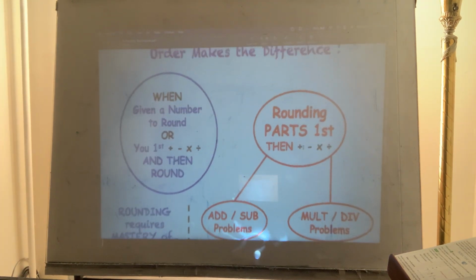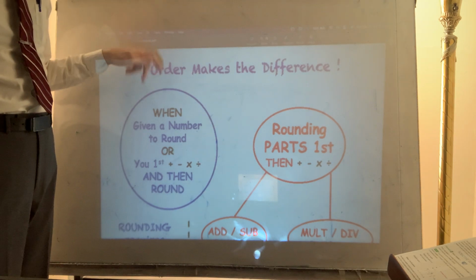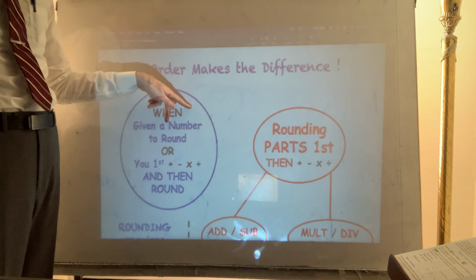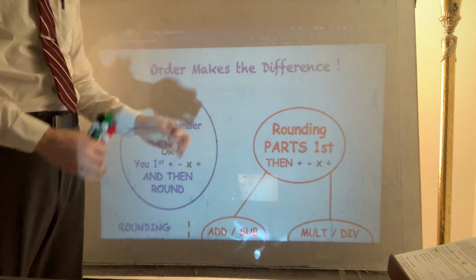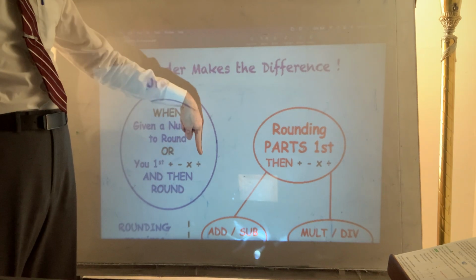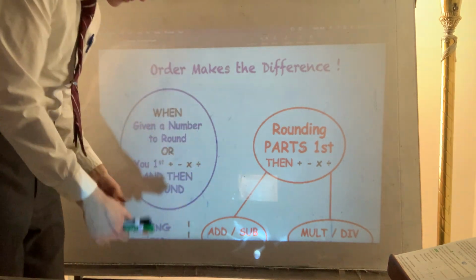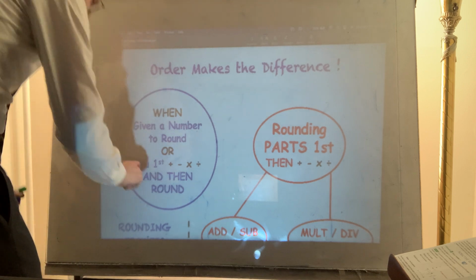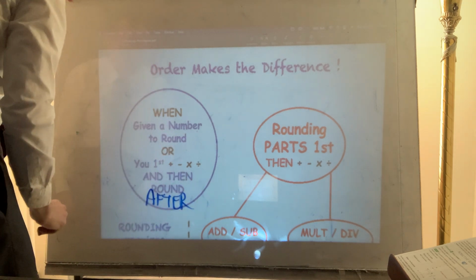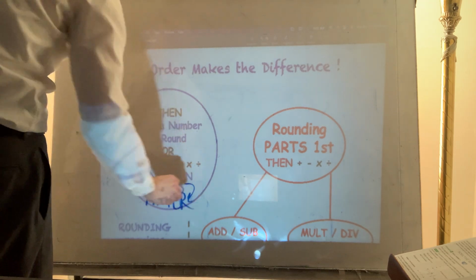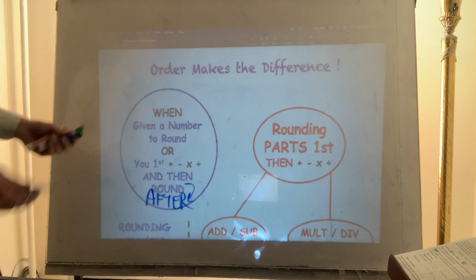If you are given a number to round to a specific place, or you have done the brute force adding, subtracting, multiplying, or dividing, and then it behooves you to round after the fact, you round after. Then you would say that you are simply rounding.